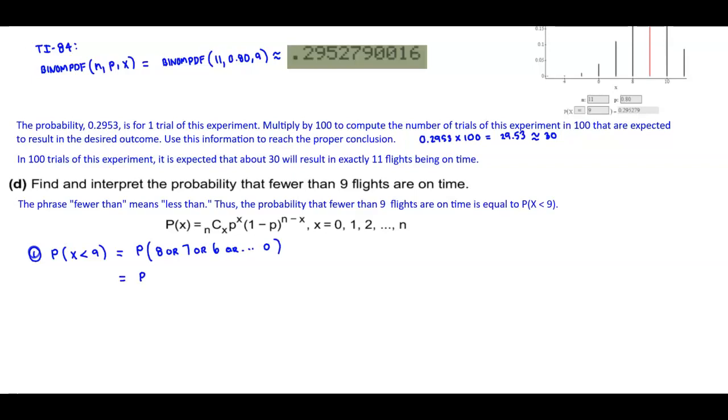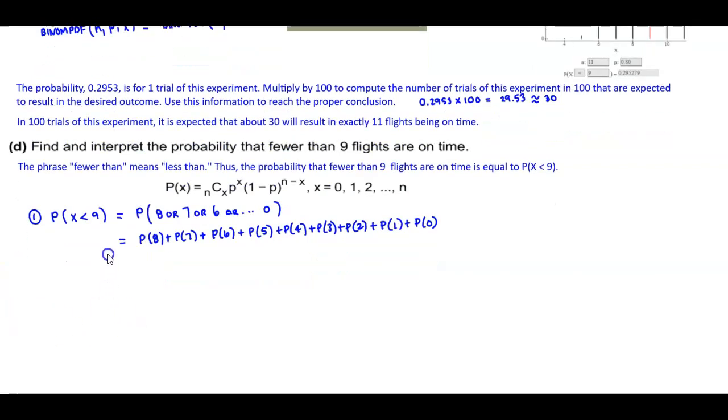That means we're going to find the probability of 8 plus the probability of 7 plus the probability of 6 plus the probability of 5 plus the probability of 4 plus the probability of 3 plus the probability of 2 plus the probability of 1 plus the probability of 0.